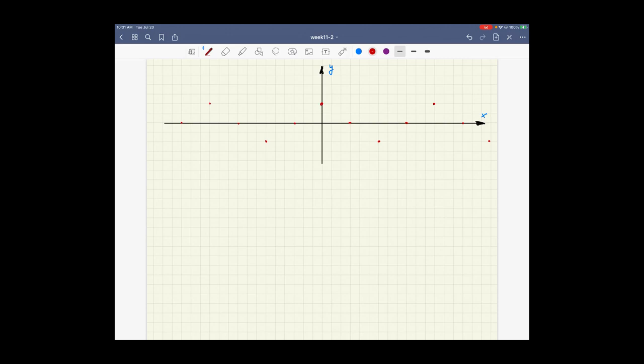Remember, the cosine function is even, so its graph will be symmetric about the y-axis.